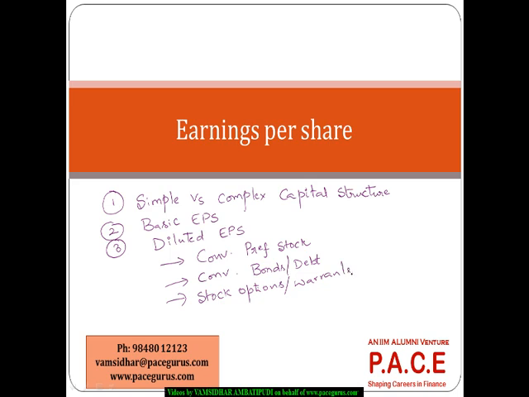If the company has any of these, how do I typically compute the EPS, which we call diluted EPS? And in what cases can changes come into EPS because of accounting matters, and how does the typical reporting focus on this? These are some of the various aspects that I am going to bring out in this session.